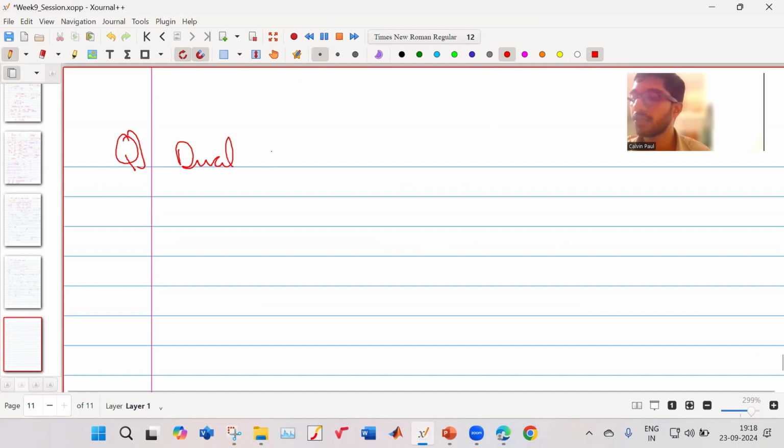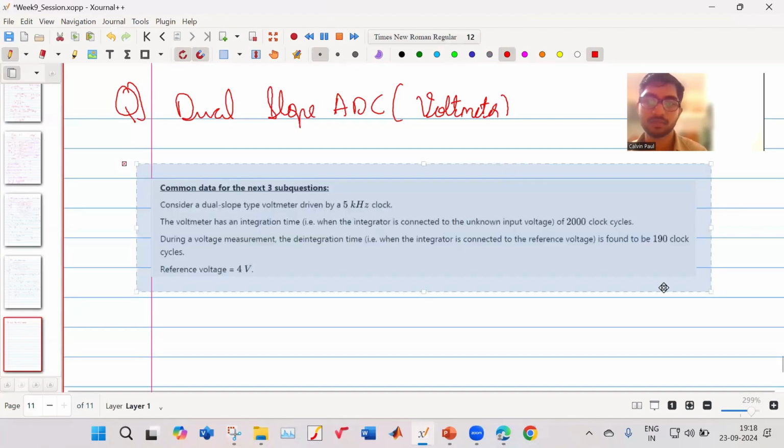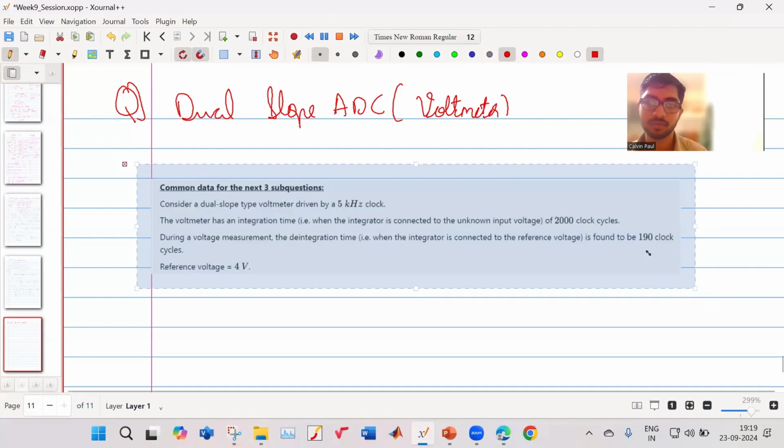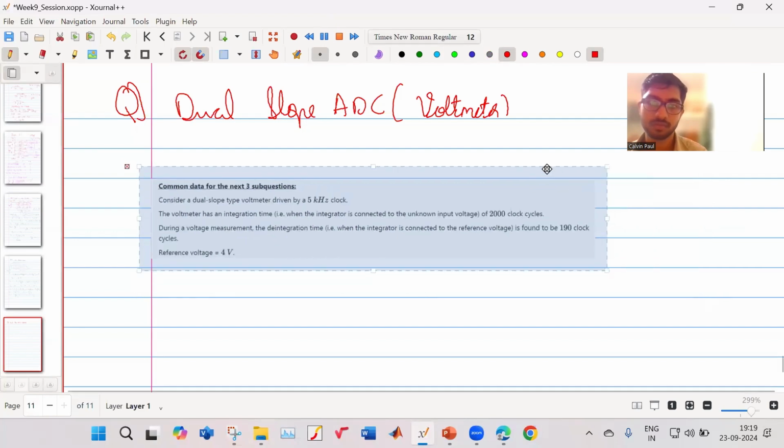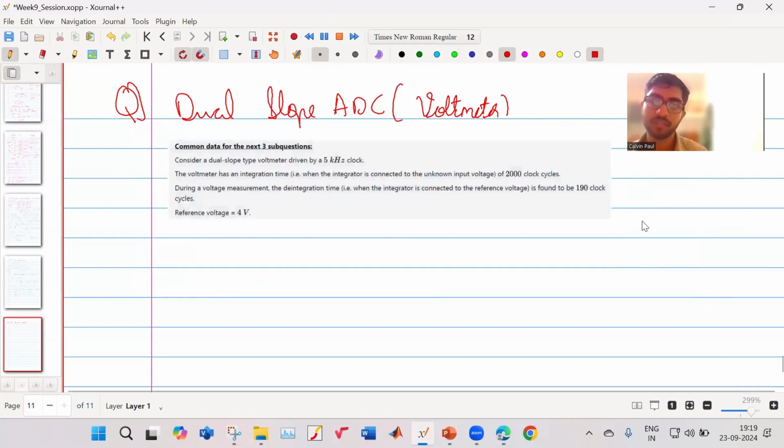So this question is about a dual slope ADC. Dual slope ADC or dual slope voltmeter? So we have this question over here. First I will write what is given. My F clock is given to be 5 kilohertz.